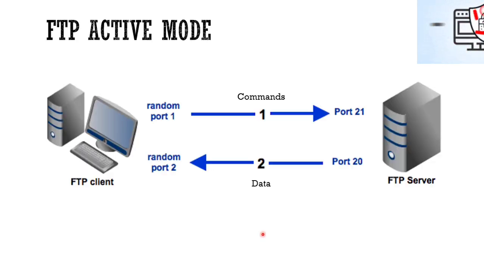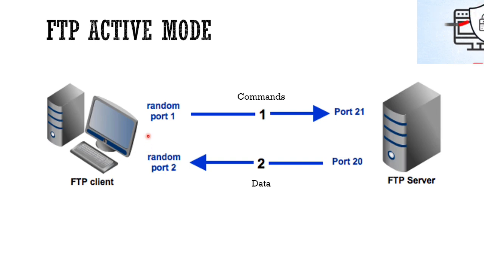This is a model of the old style of FTP, the original traditional style. We called it FTP active mode. As with all clients, the client will use 2 random ports, way up there, the dynamic ports, assigned by its operating system.